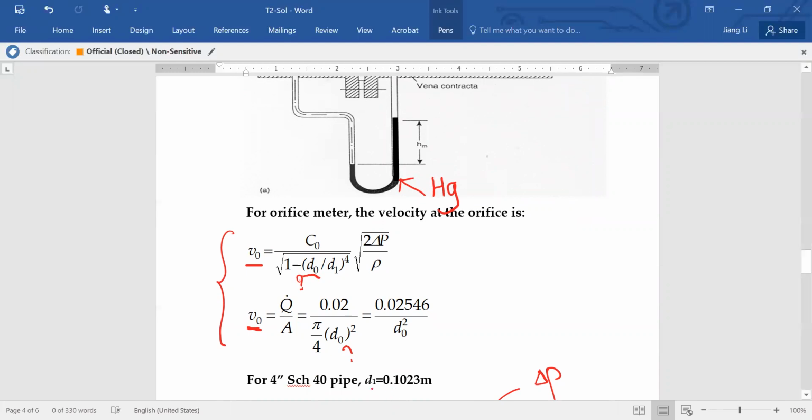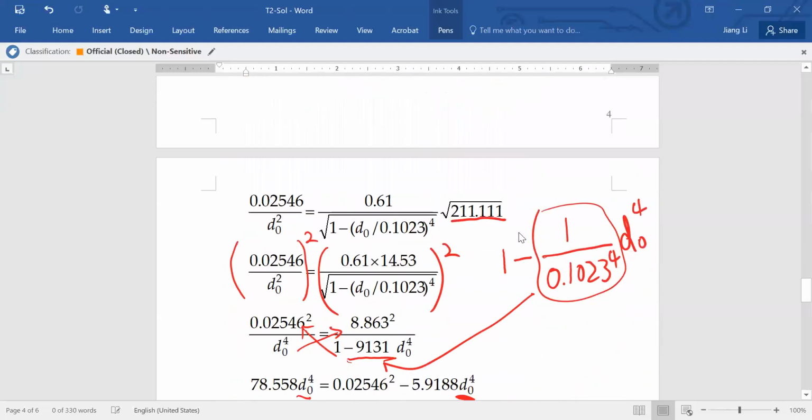You cannot use the pipe diameter. If you use the pipe diameter, it means you are calculating V1, if you use Q over pi over 4 D1 squared. This V1 is not V_O, it's a different thing. Okay, so please try to understand this part.